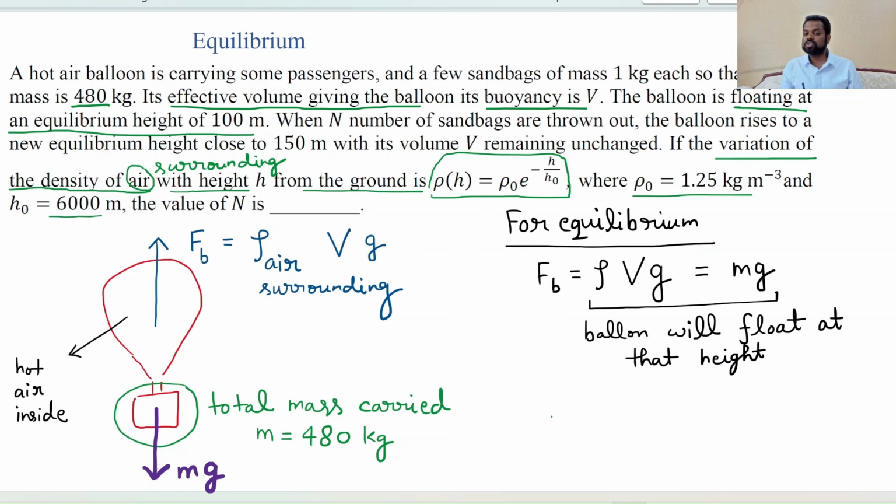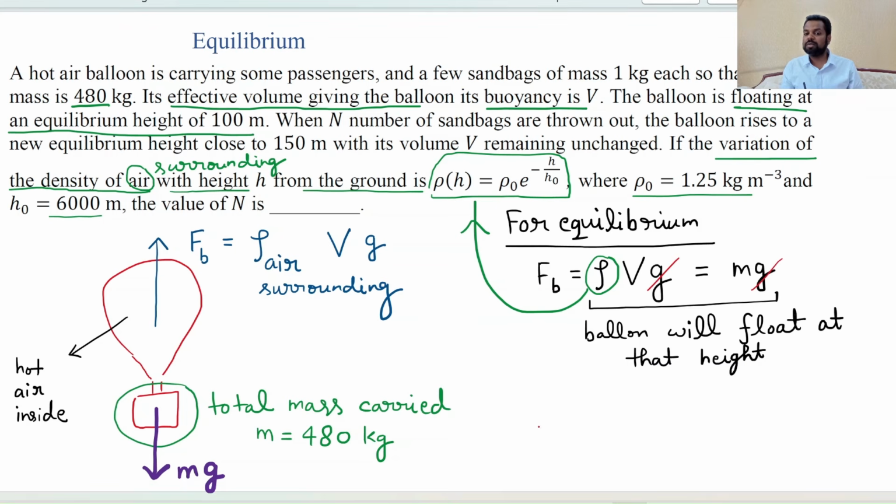So you can see this rho here is this rho. This is how the height gets into the picture. One more thing: you will see g cancels out.